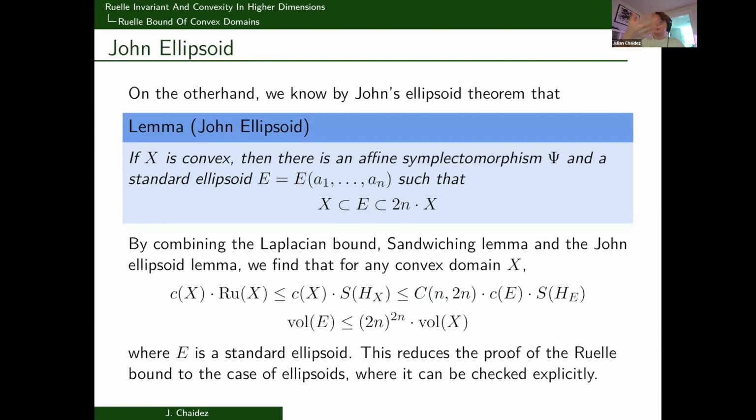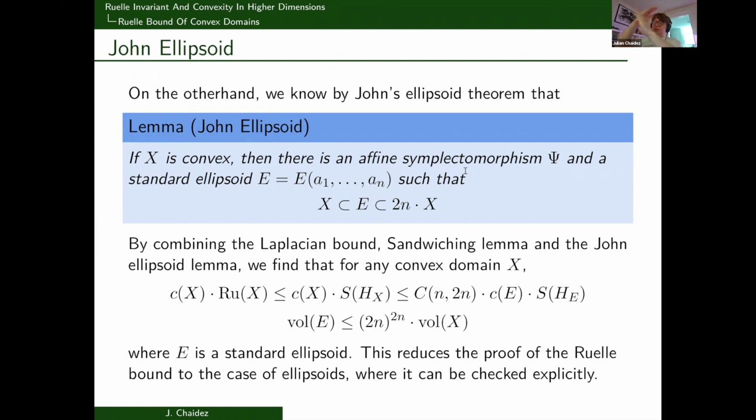Okay, so in order to use this sandwiching property, we note that if I have any convex domain, then by a version of the John ellipsoid theorem, after applying some affine symplectomorphism, I can assume that it sandwiches some ellipsoid E, where the scaling factor here is 2n.